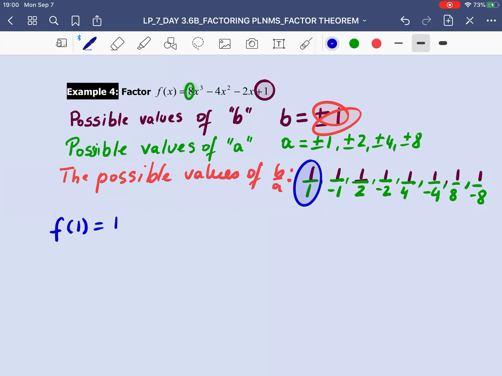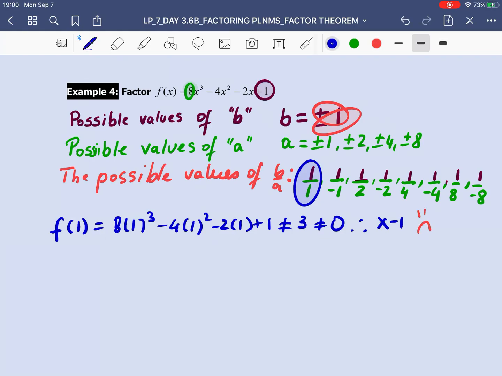So we'll say that is 1 to the power of 3 times 8, minus 4 times 1 squared, minus 2 times 1, plus 1. That will be a number different than 0, because we have 8 plus 1, 9, minus 6, 3. So we're going to say x minus 1 is not a factor. Won't work.